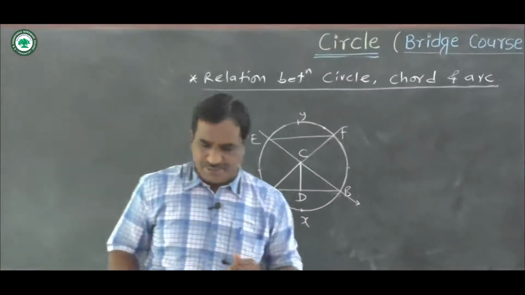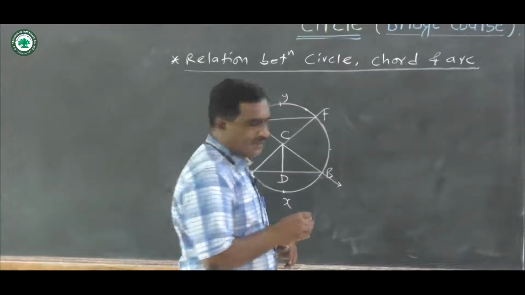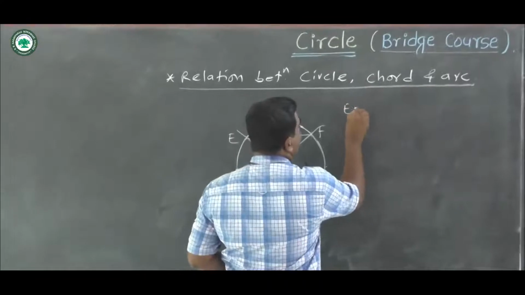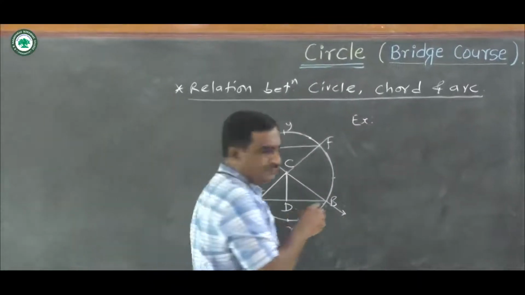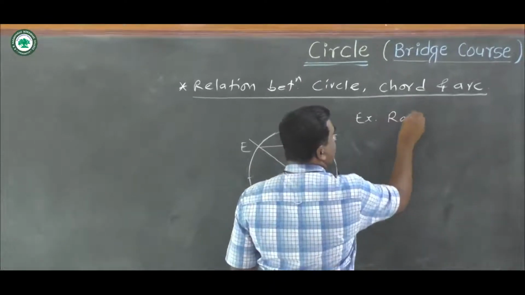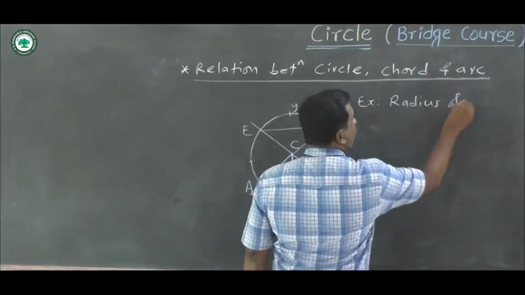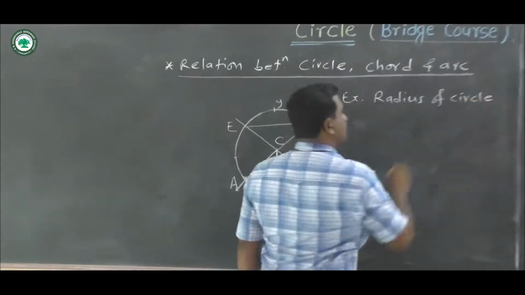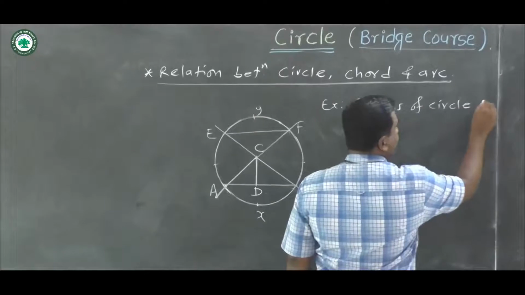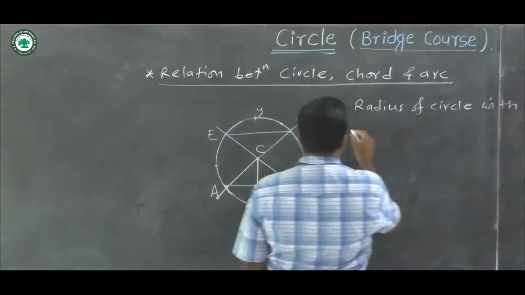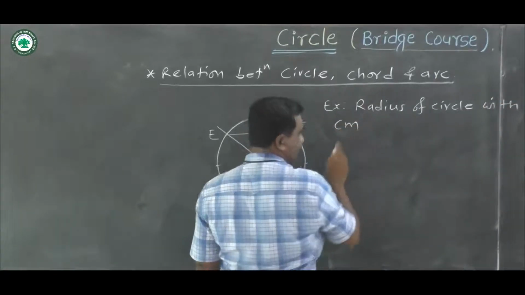We see one example here. The radius of a circle with center O is 10 centimeter.